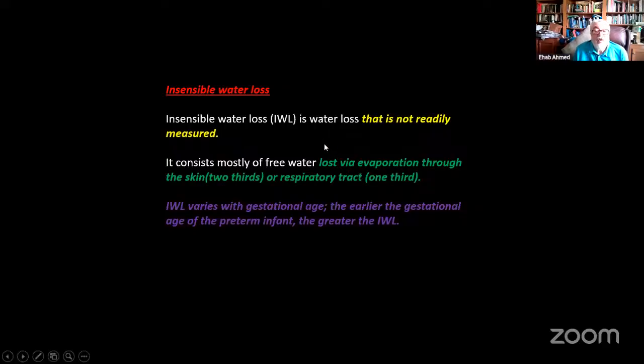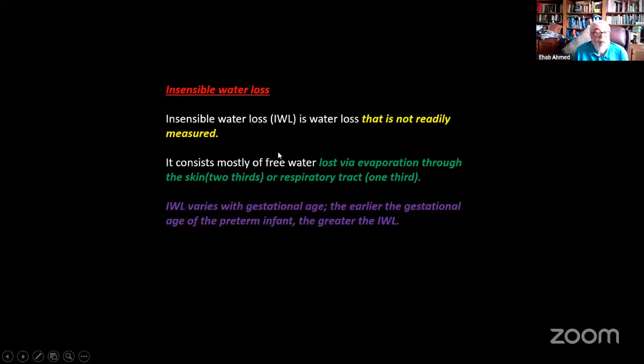So fluid and electrolyte homeostasis is just a balance between intake and output. Output means losses, and mostly it is in the urine. And this is the sensible water loss, in addition to other sources of loss like GI or whatever.